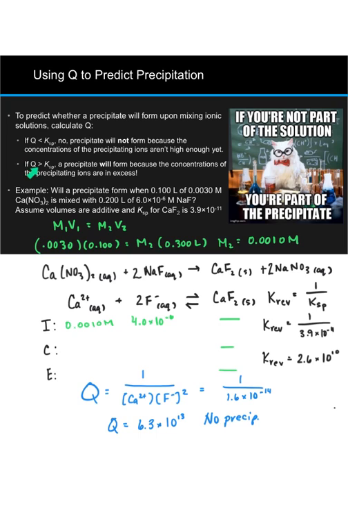And conversely, if Q is greater than or equal to a KSP, a precipitate will form because the concentration of precipitating ions are in excess. Let's use that more simplified approach to arrive at the same conclusion.